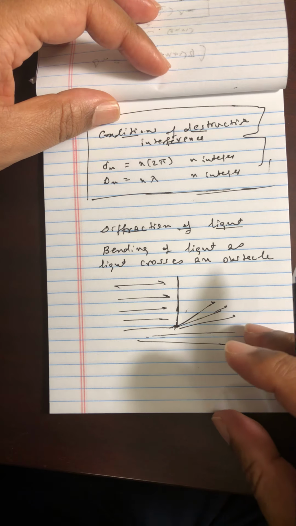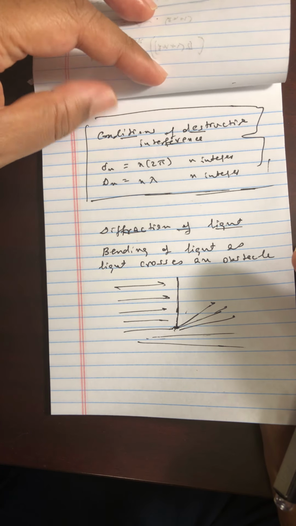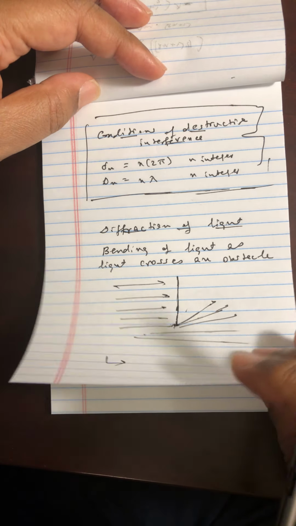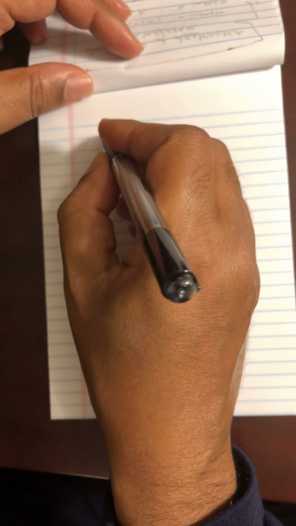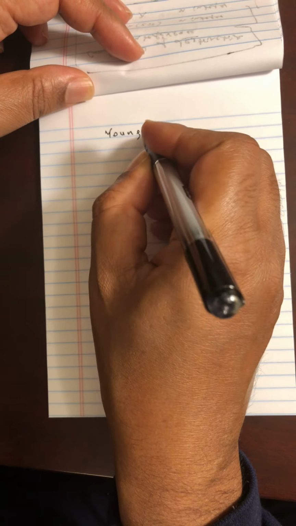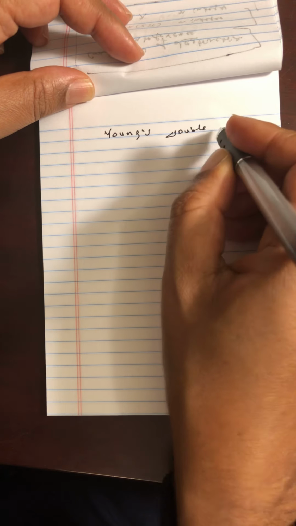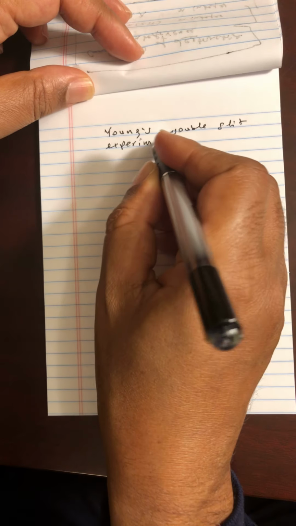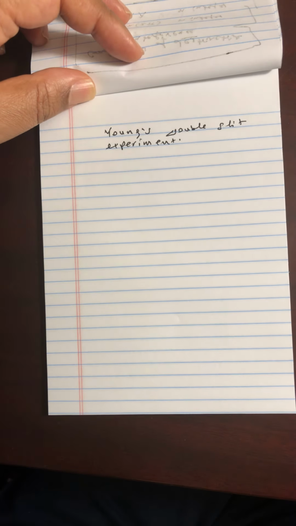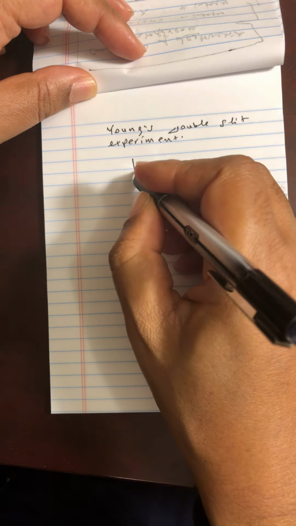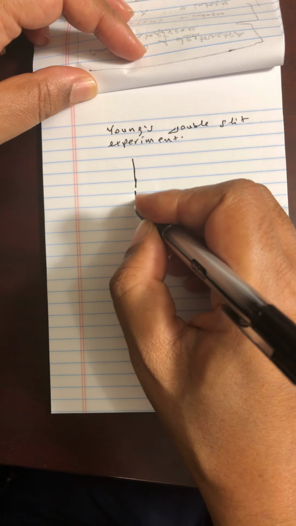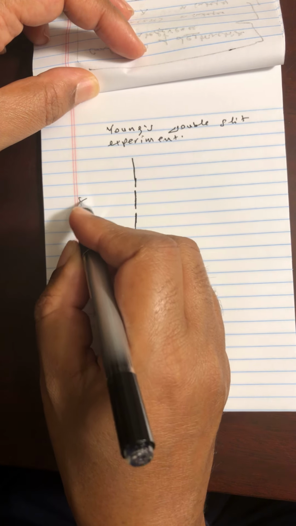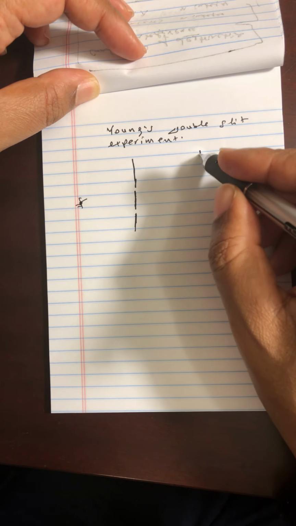Now we're going to look at an example of interference of light, which is called Young's double slit experiment. In this case, we have a barrier with two slits, a source of light, and a screen.